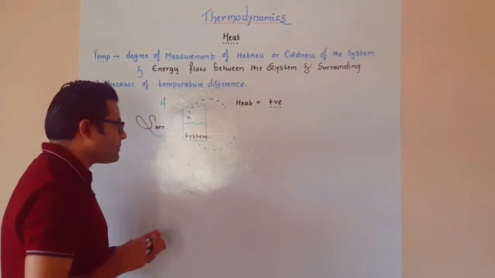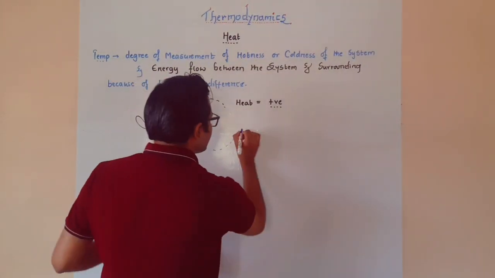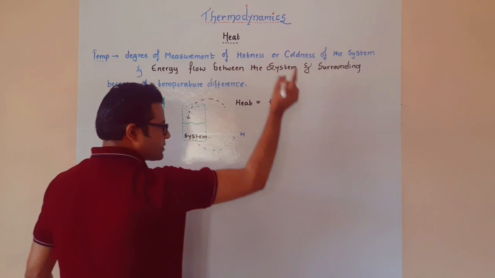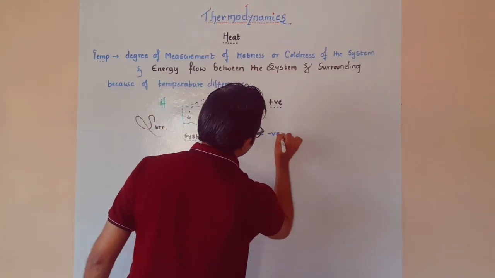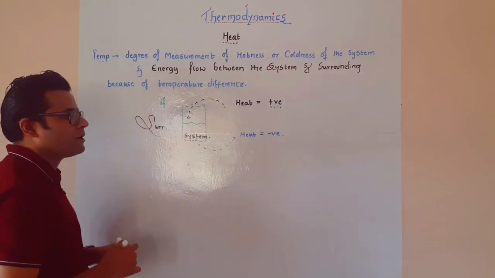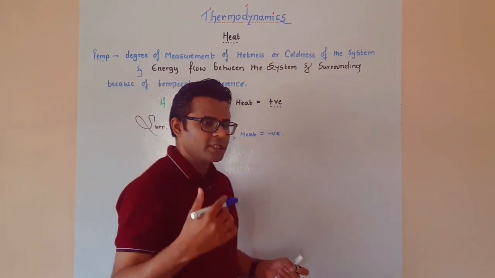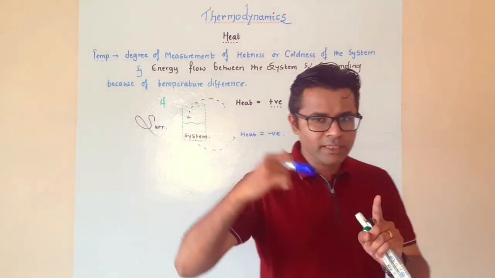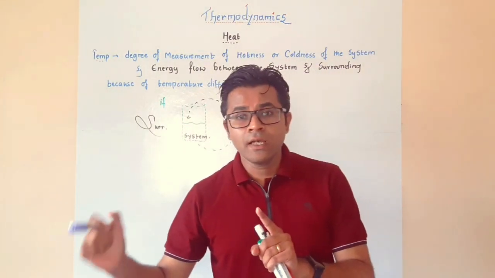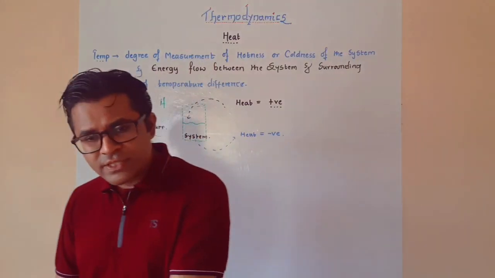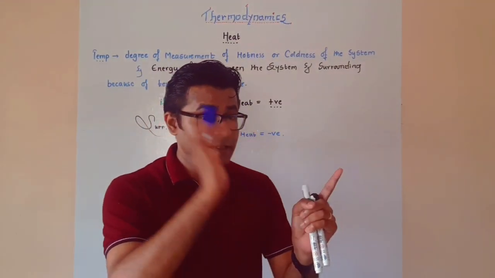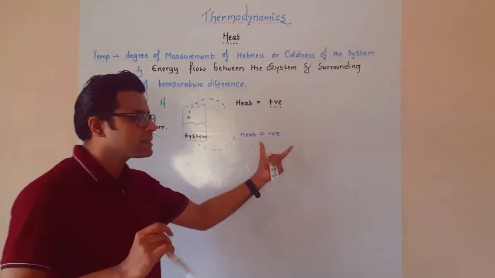When the heat is given from the system to the surroundings, this heat is taken as negative. So if you transfer heat to the system from the surrounding, it is taken as positive. If the heat flows from the system to the surrounding, the heat is taken as negative.